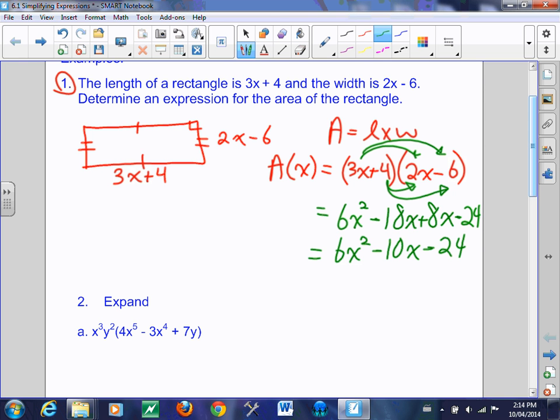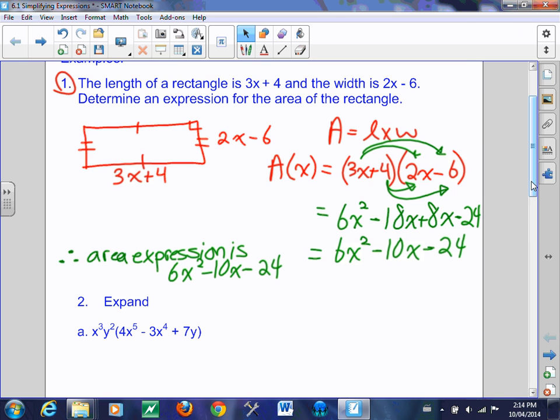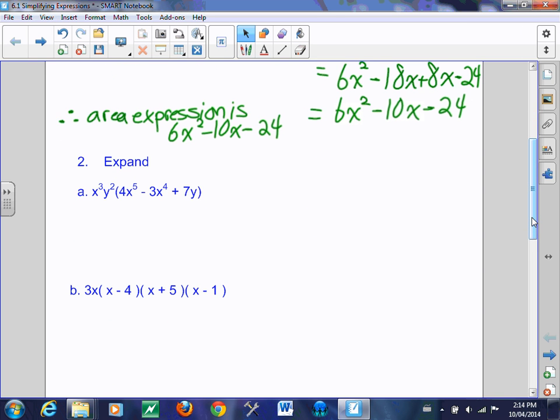And because this is a word problem, therefore, the area expression is, and you would write it out, 6x squared minus 10x minus 24. Great.